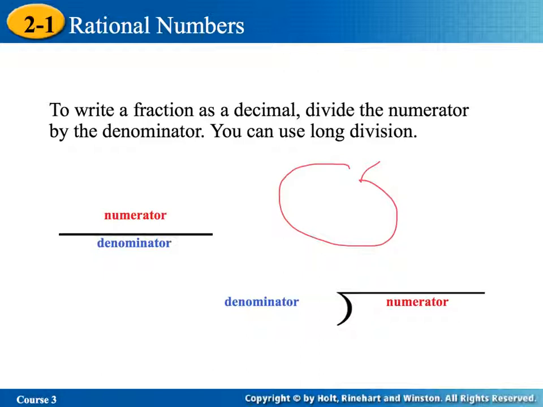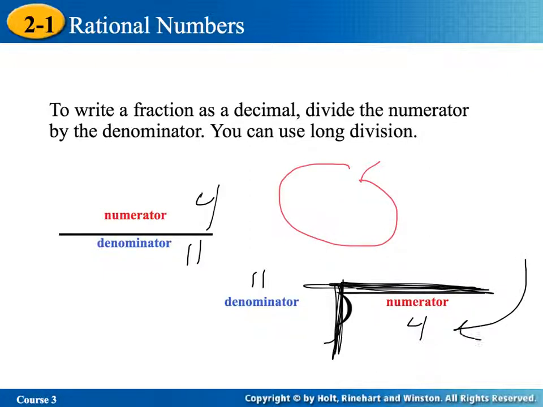Let's do a few. Now, if I give you a numerator of 4 and a denominator of 11, that denominator goes on the outside, numerator goes on the inside. I like to call this our house. That's our beautiful house. The numerator is the lucky one, gets protected by the house because they are on top. The top number is better.